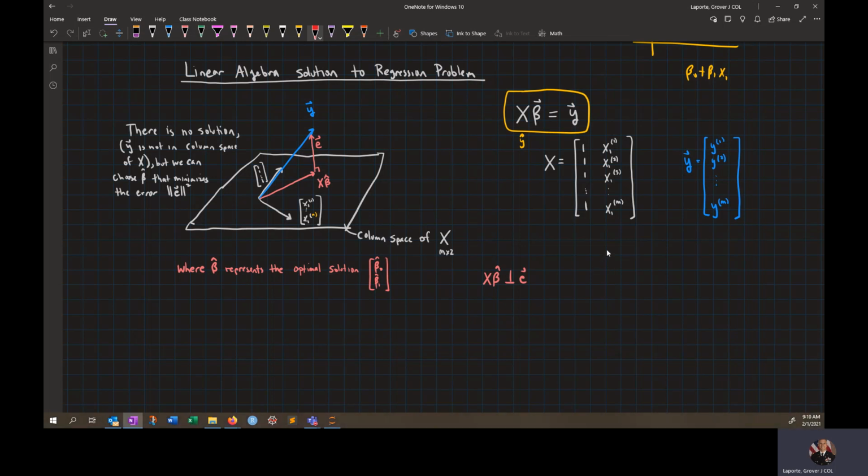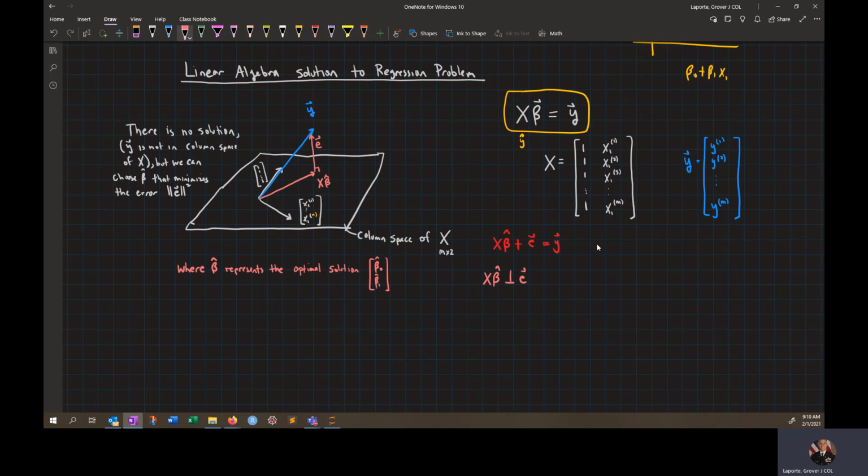That's just tip to tail, if you remember that from calculus class. So let me write this in this crazy color here. x beta hat plus e, the error vector, is equal to the vector y. That's what you would get from the geometric addition of that vector plus that vector.